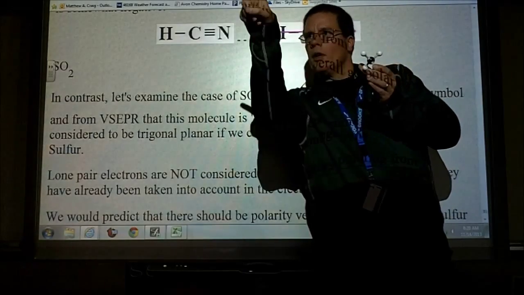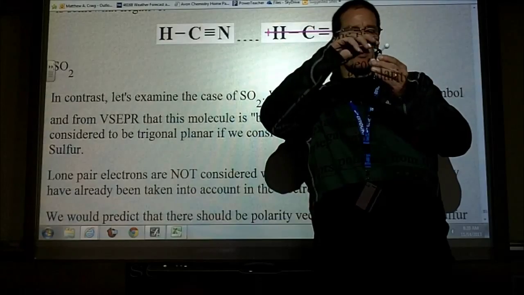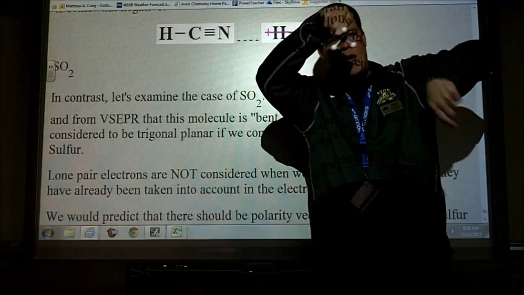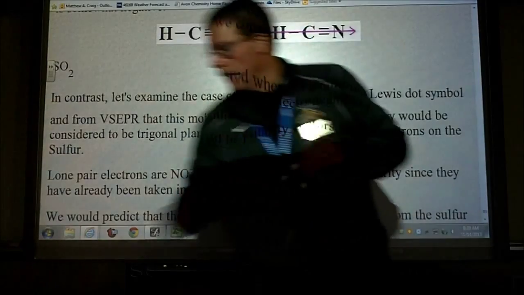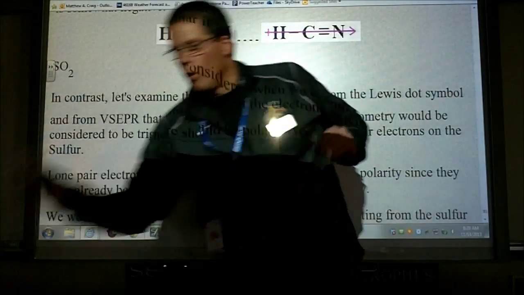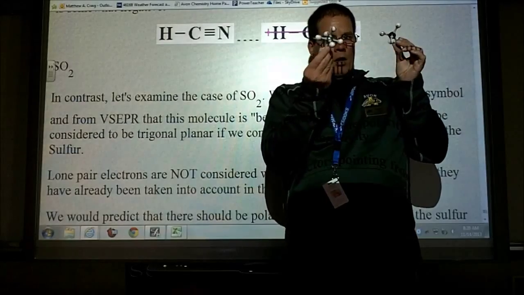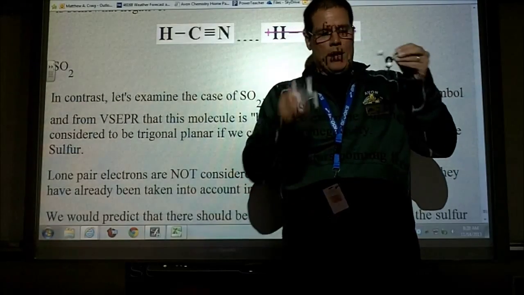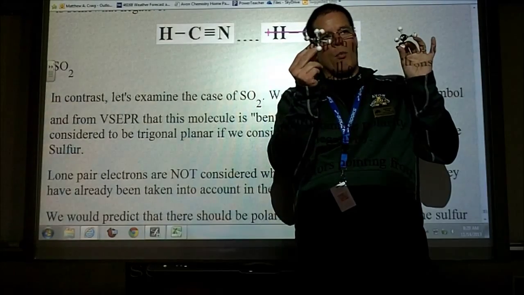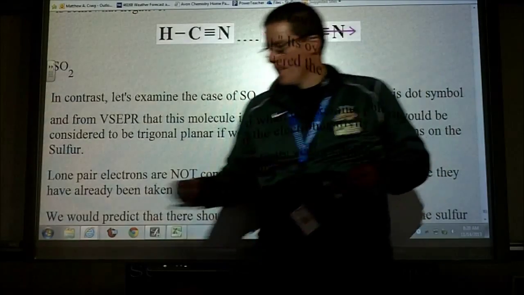But this one's pulling that way, this one's pulling that way. Flip it around, that one's pulling that way, that one's pulling that way. So in this case with the tetrahedral shape, or any shape, as long as there's no lone pairs and they're all pulling with the same amount of force, and again this is an analogy, then that means that the central atom won't move. Okay.